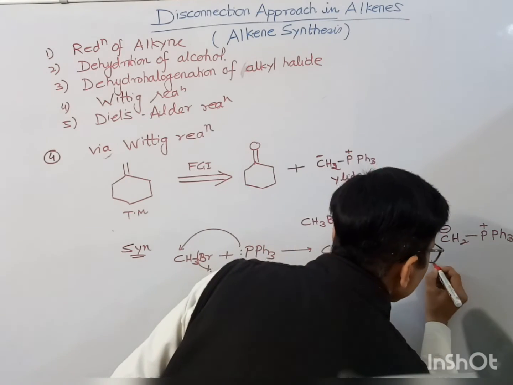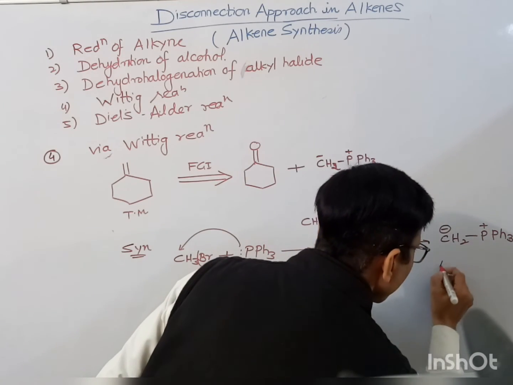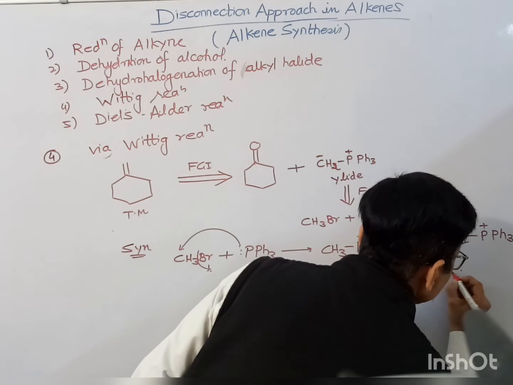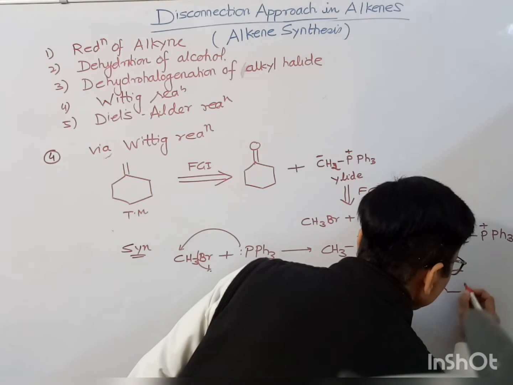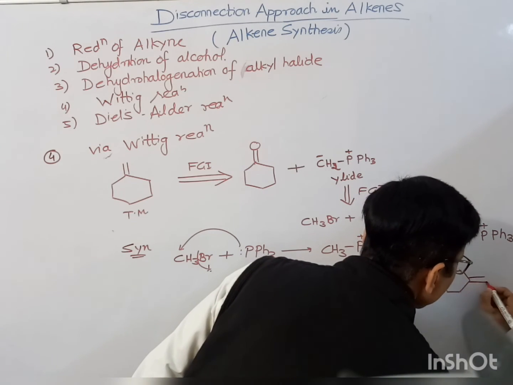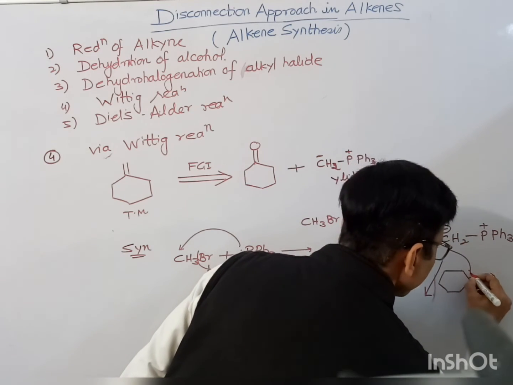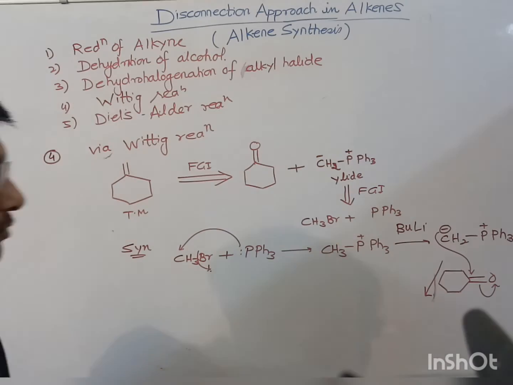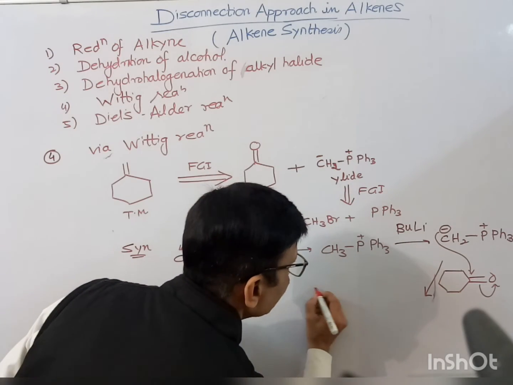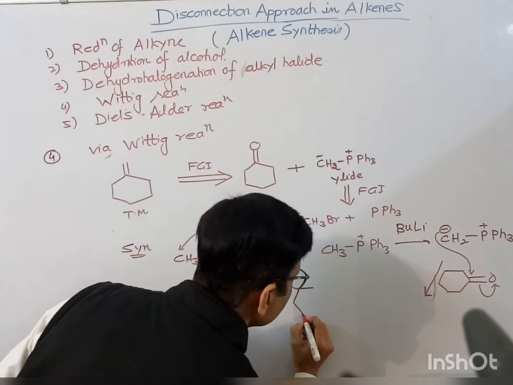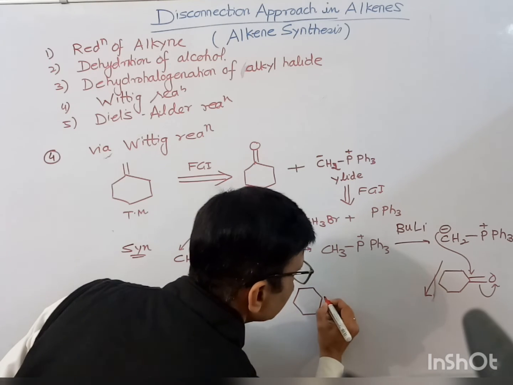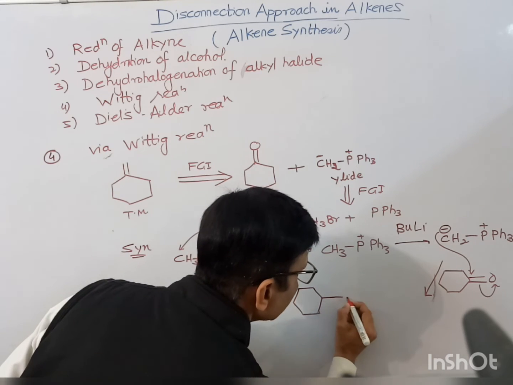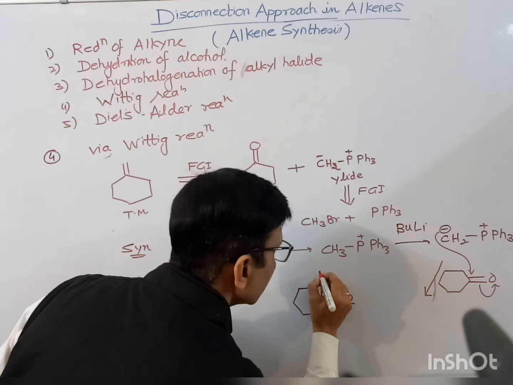Now this will give you the 4-membered cyclic transition state.